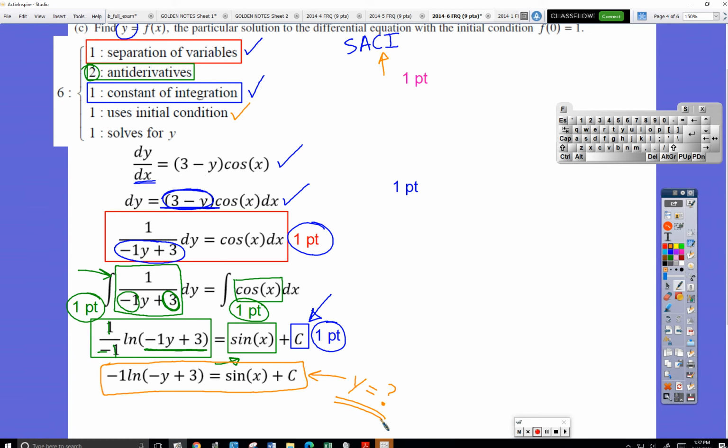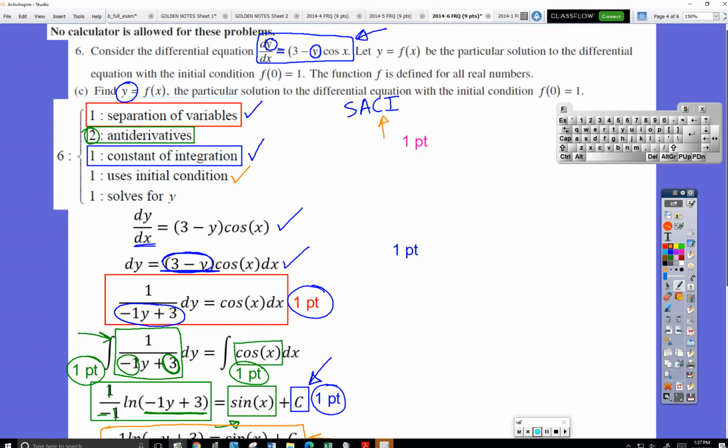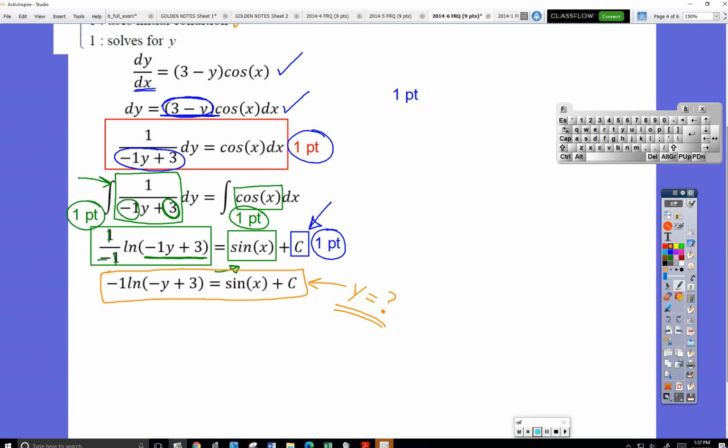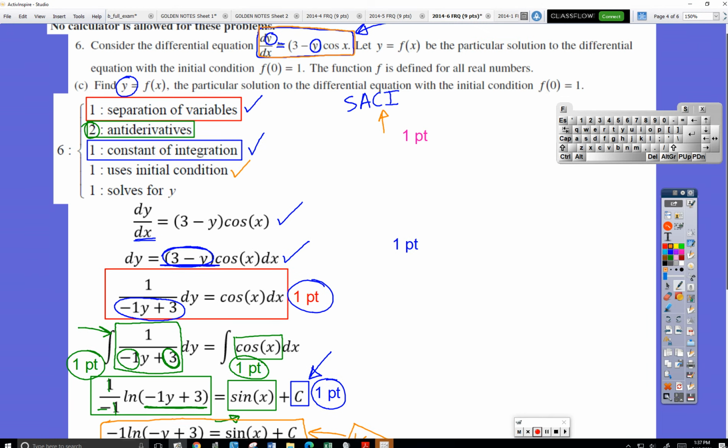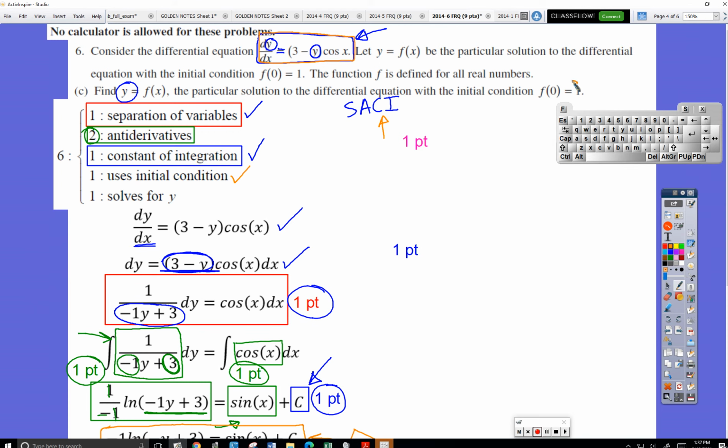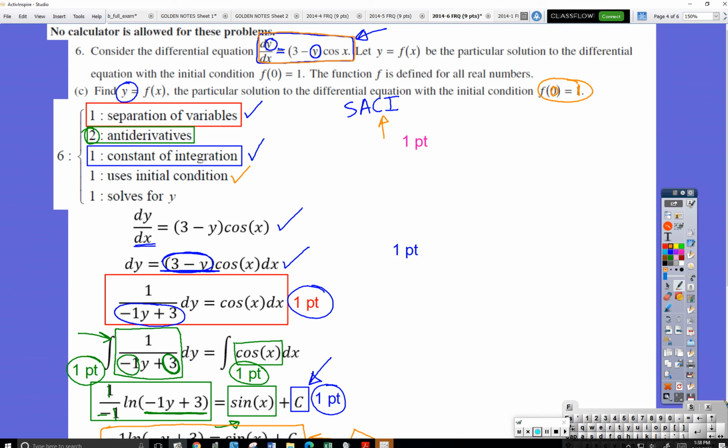So I started with the equation for finding the rate, or the dy dx. I have now created an equation for finding the amount. It's just that my equation for finding the amount isn't in an organized pattern, and it also doesn't know c yet. But that's what I have, an equation for the amount. So the problem says my equation for calculating the amount has to be an equation where when you plug in x equals 0, the y value is 1. So I'm going to do that now.